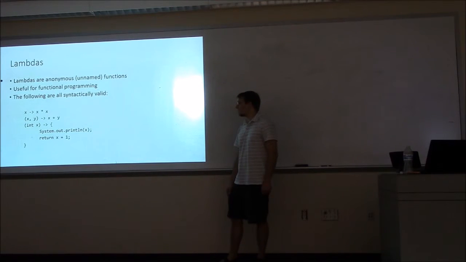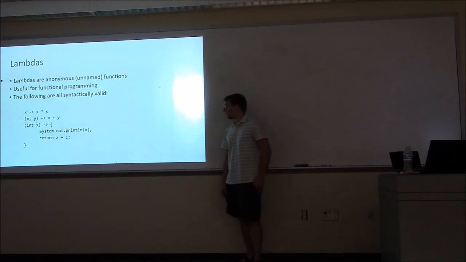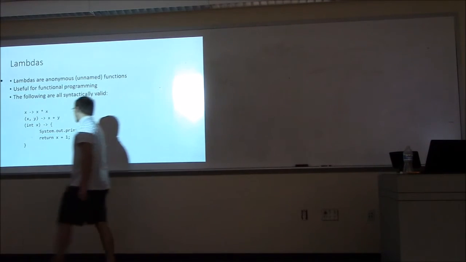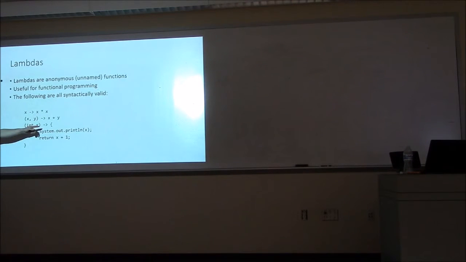If you have multiple parameters, then you need to have parentheses around the parameters. And you can also do a full-fledged bracket notation. So you have your parameter list, arrow, and then open curly brace, and then you can have multiple statements that have to return something, and then the close brace.